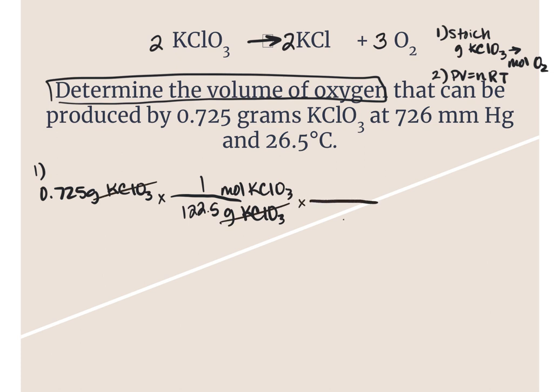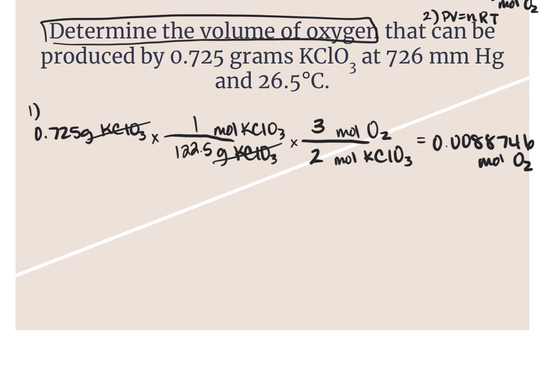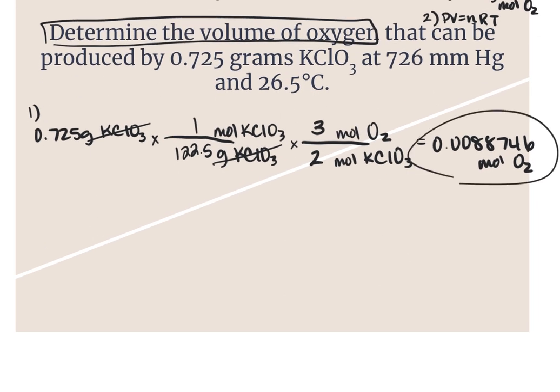I then want to use my mole ratio to go from moles of KClO3 to moles of oxygen, and that's a 3:2 ratio. So what I find is that I am going to use 0.0088746 moles of O2.